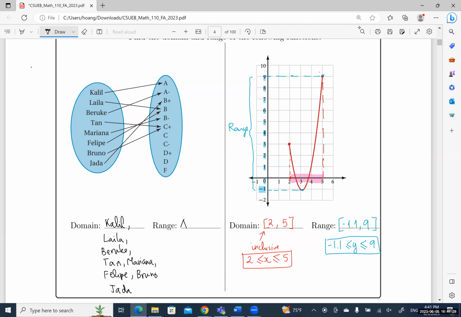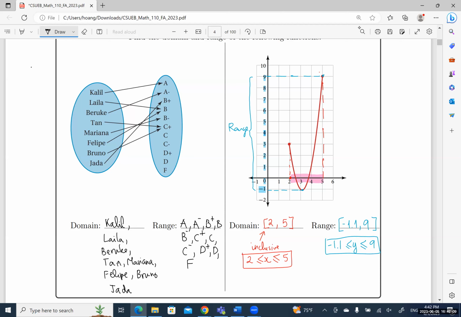So I have A, A minus, B plus, B, B minus, C plus, C, C minus, and D plus, D, and F. Sometimes the output becomes a duplicate, but it should be okay. But in this case, we don't have any duplicates, right?